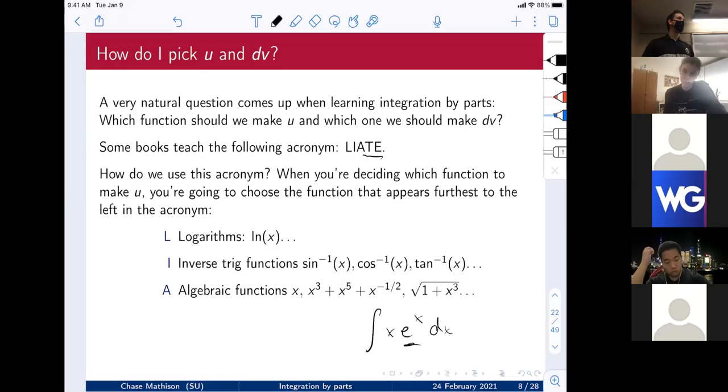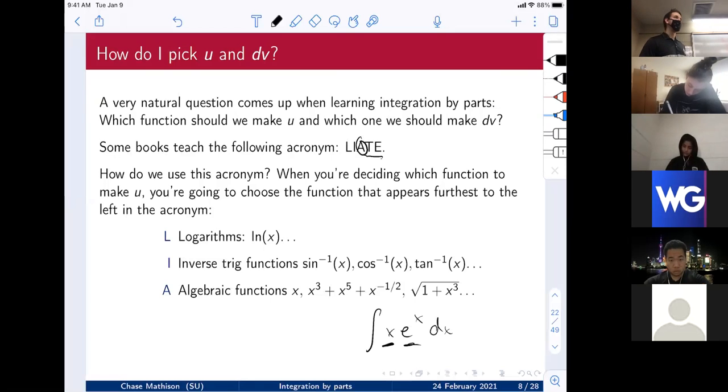I think you can probably guess, but x falls under this A category, an algebraic function. And so we would take u to be x and dv to be e to the x dx, just like we did in that first example. When we just saw that one, if we had chosen u to be e to the x, that actually would have given us a harder integral to evaluate.